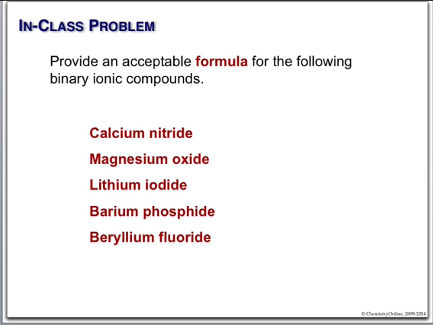Come up with a ratio that's neutral. This is where you could use your little crossover nicely. The charge here is -3, that means we're going to need 3 calciums. The charge here is +2, so we'll need 2 nitrogens.